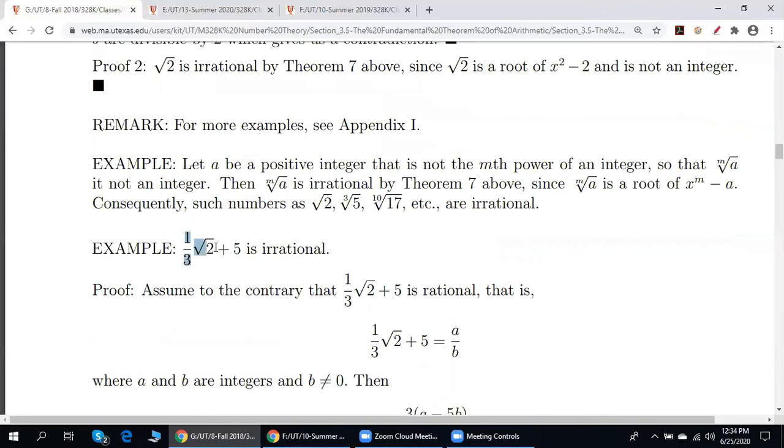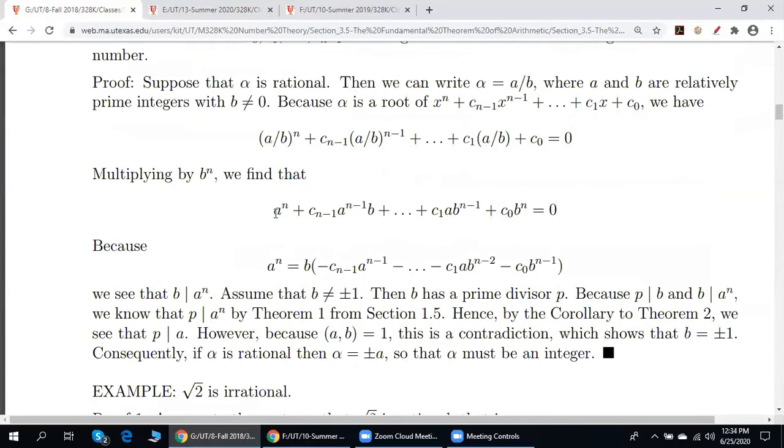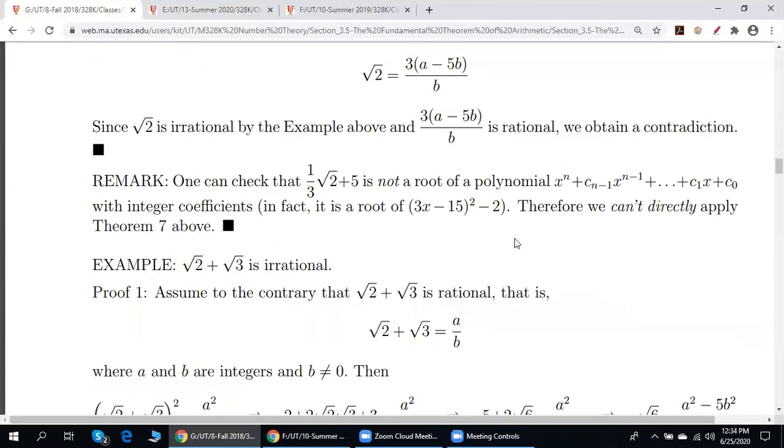Here is why this example is important. Note that in this case, in order to prove that this number is irrational, we cannot use Theorem 7 directly, because in order to use Theorem 7, the leading coefficient should be 1. However, one can check that this is a root of this polynomial, and the leading coefficient is not 1.